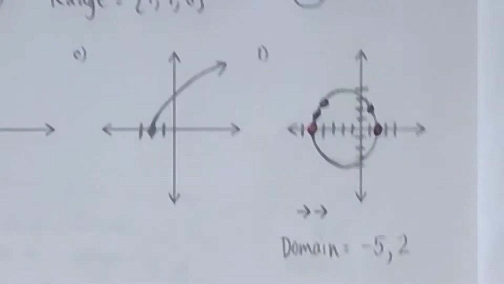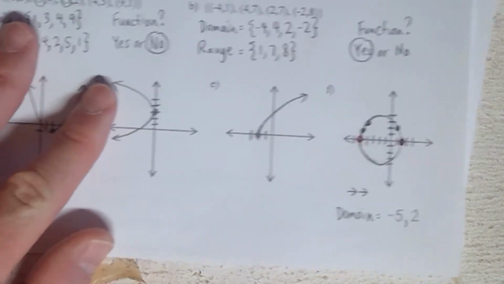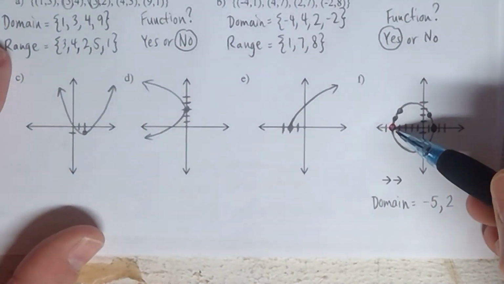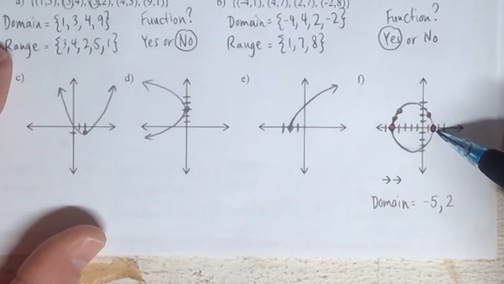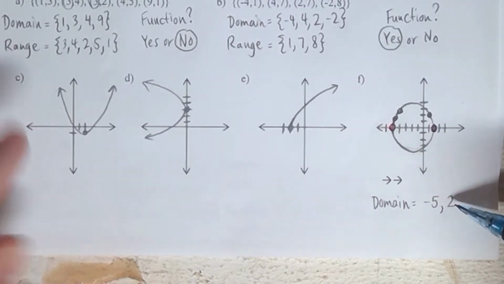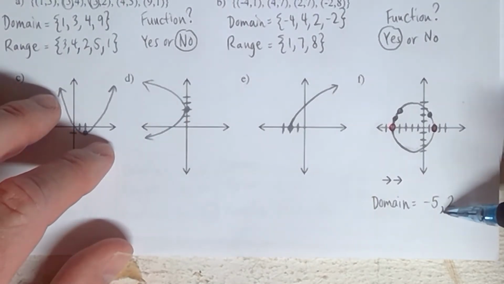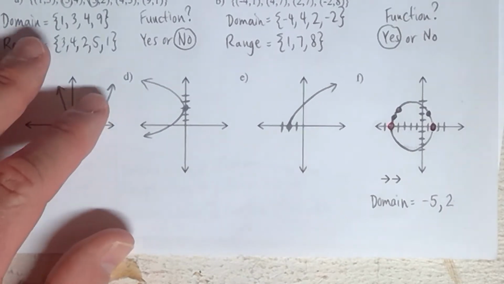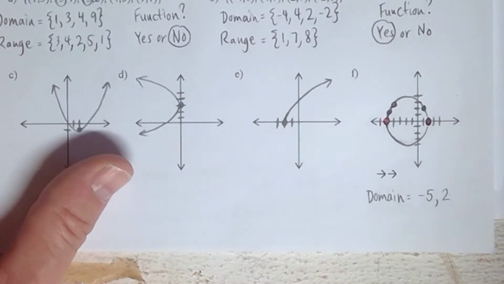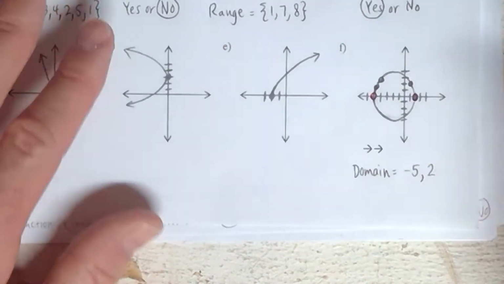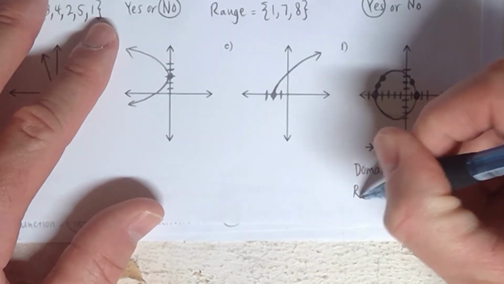I guarantee it. So all you have to do is find that leftmost x value and the rightmost x value, and just put a comma in between because that's how you do interval notation. And when you see that comma, it will mean that every single number in between -5 and 2 is in the domain. And that's exactly what the answer is. Every single number between -5 and 2.